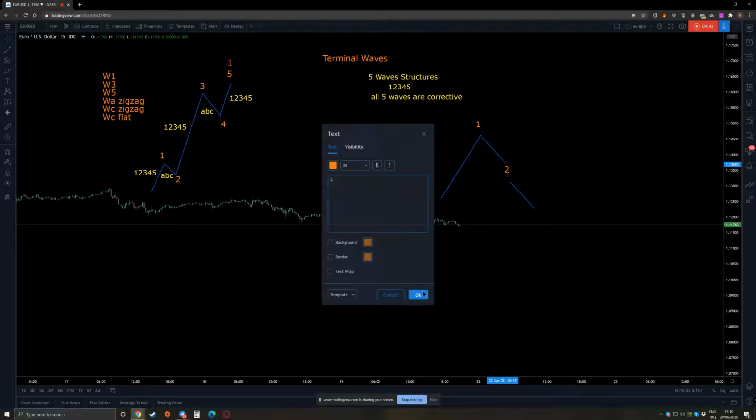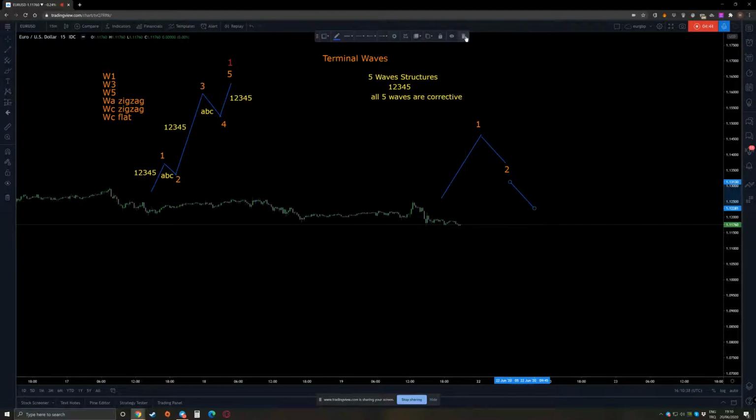And then you have a third wave, and then you have a fourth wave, and then you have a fifth wave. Something like this.